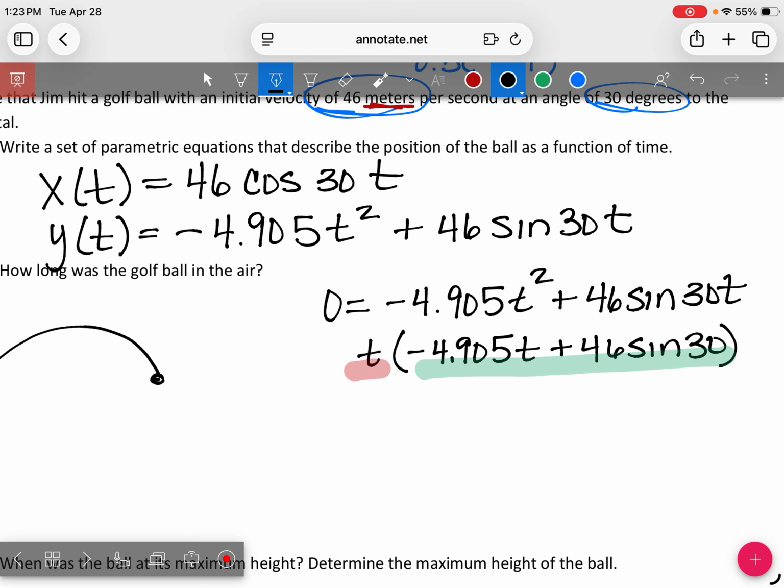When I set the first factor equal to 0, that represents when he hit it. Now set the second factor equal to 0. That tells me when it hit the ground. So this is two steps.